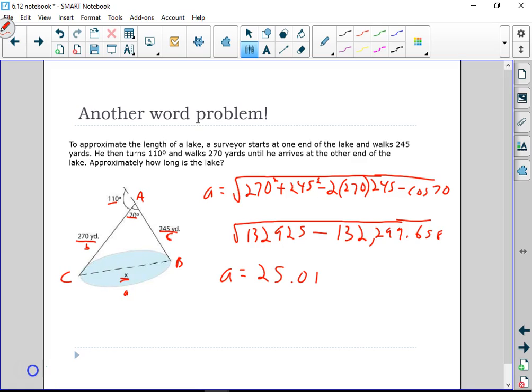So I know that's not exactly 25, but it's pretty darn close. So 25.01, I'm sorry, it's yards, not feet. Alright? So again, avoid law of cosines until you absolutely have to do it.